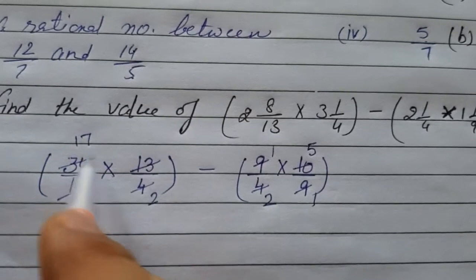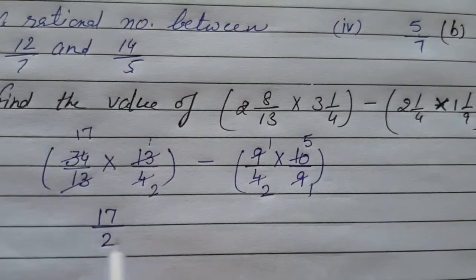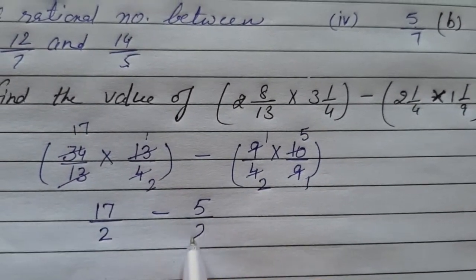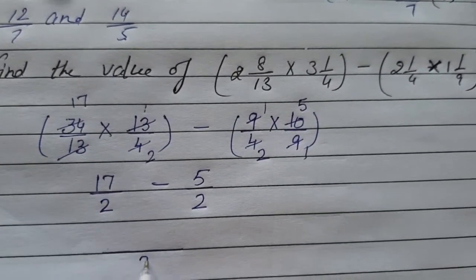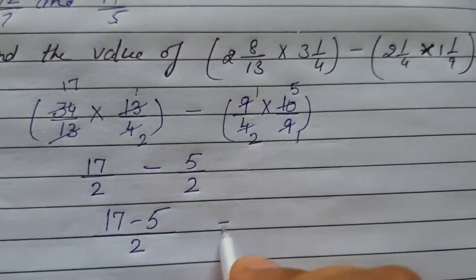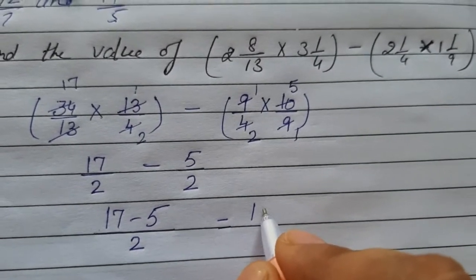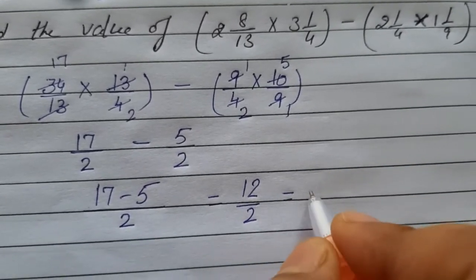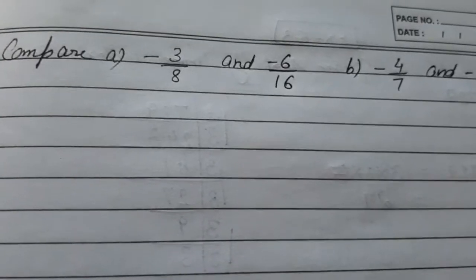Now we are left with 17 into 1, that is 17, 2 into 1, 2 minus 5 into 1, 5 and 2 into 1, 2. So it will come out to be, let us take up the LCM. LCM will be 2 because they are like fractions. So numerator will be subtracted, 17 minus 5. That will come out to be 12 by 2. And you can do the cancellations also. 2 6s are 12. So answer will come out to be 6.